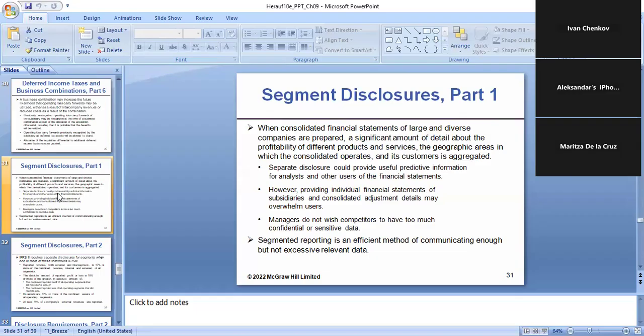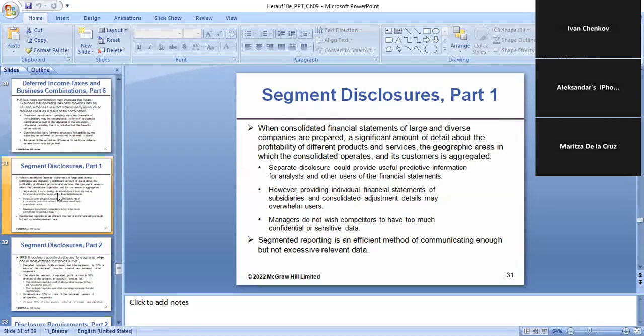However, providing individual financial statements of the subsidiaries and consolidation adjustment details may be too much for the investors or for the analysts. For that reason, we can prepare segment reporting.